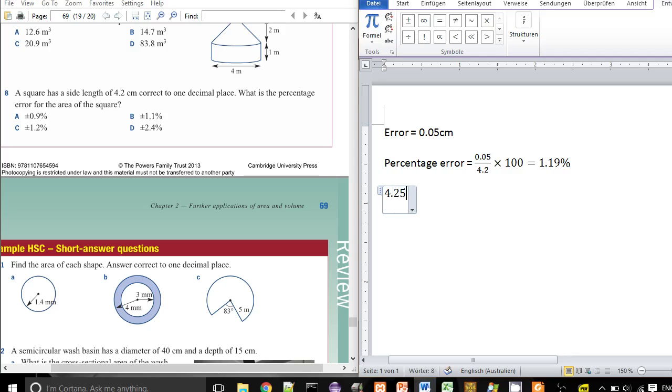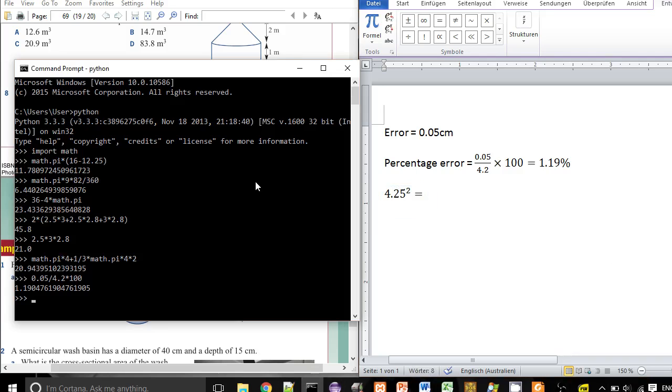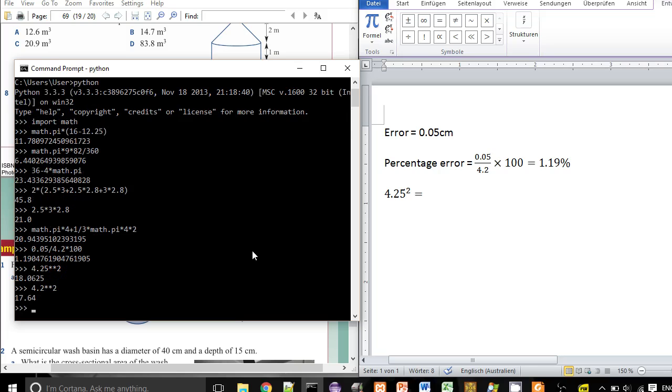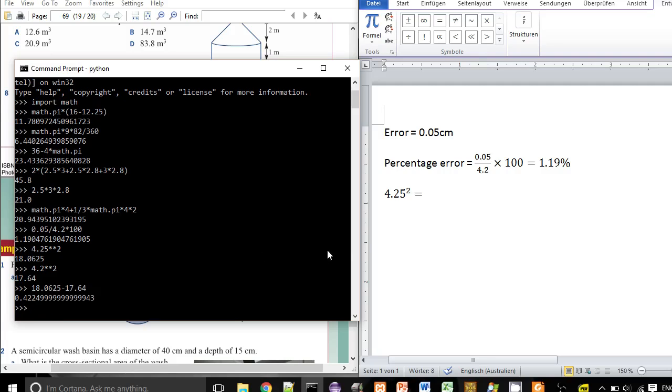Like if you did 4.25 squared, let's just see what that equals. I think that's more complicated than what you're meant to do. You get 18, whereas if you just did 4.2 squared, so maybe you're meant to look at that difference and compare it to the, well, let's just try that. 18.0625. Yeah, I think that's much more complicated than what you're meant to do.